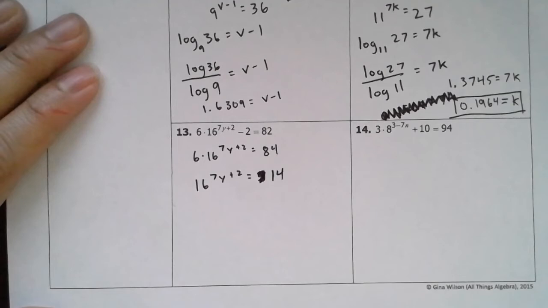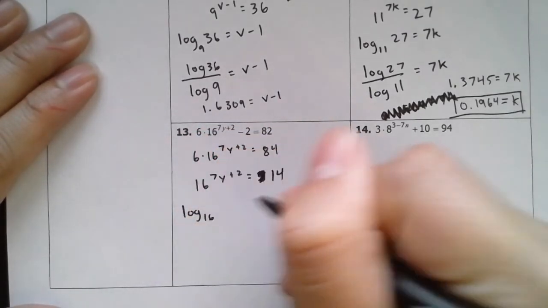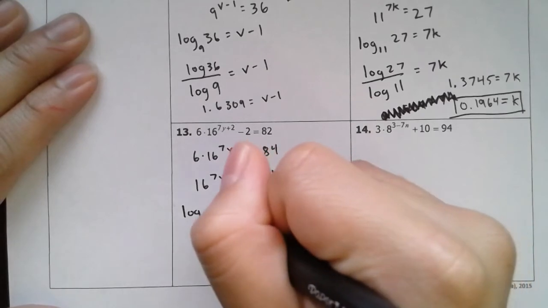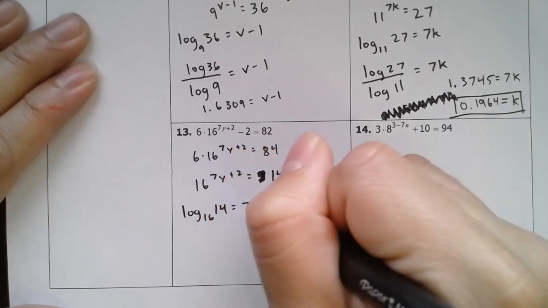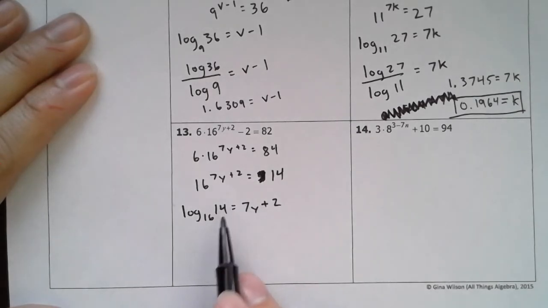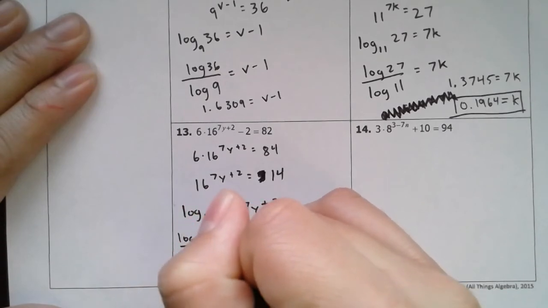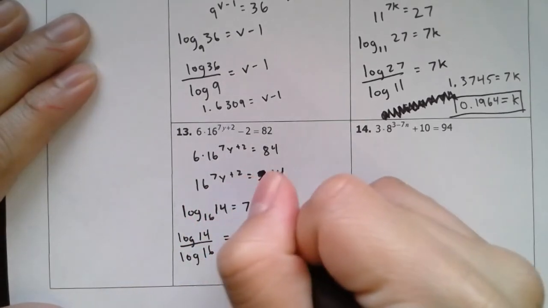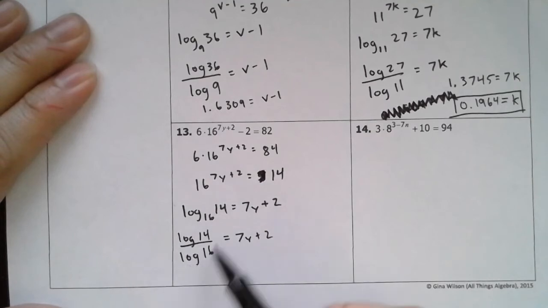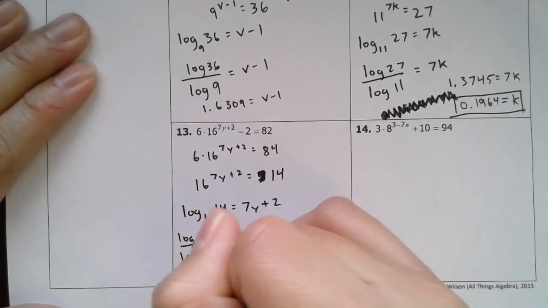And then from here, I rewrite as a log expression, and I get log base 16 of 14 is equal to 7y plus 2. There's nothing I can raise 16 to get 14, so it's change of base. Log of 14 over log of 16 is equal to 7y plus 2. Input this in your calculators. You're going to get 0.9518.